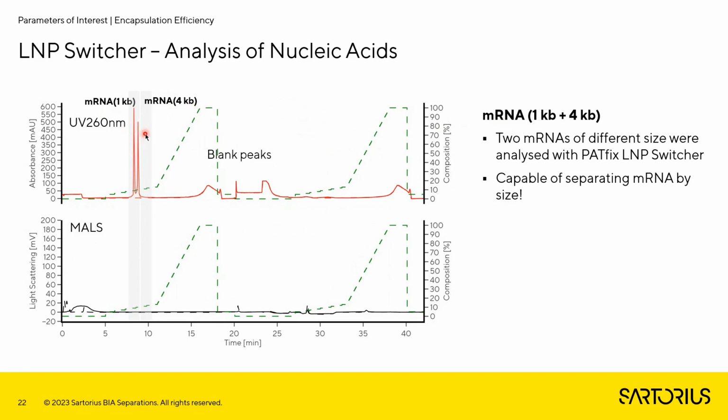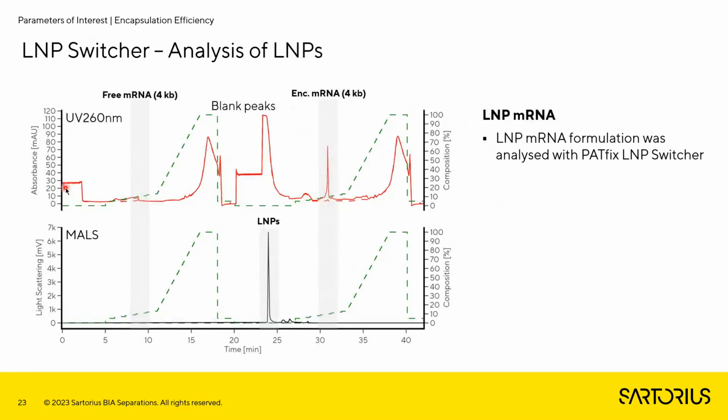Using this LNP switcher, we can also distinguish between different size mRNAs potentially inside of LNP particles. Also here, no elution representing encapsulated RNA is present, and no peaks in MALS. So LNP switcher is also capable of separating mRNAs by their size.